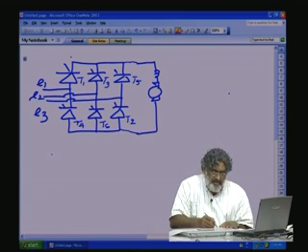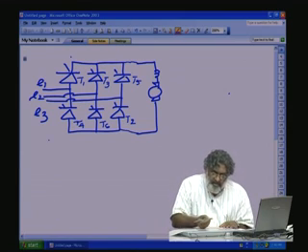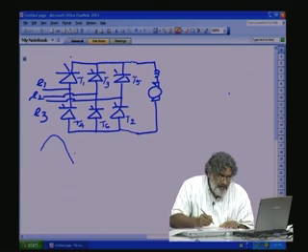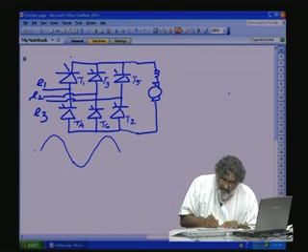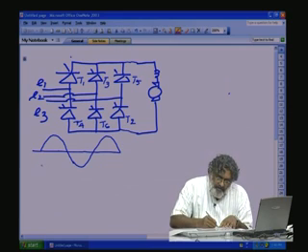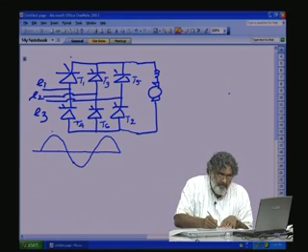Let us draw the 3-phase voltage waveform E1, E2, E3. This is our x axis, E1, that is E1.